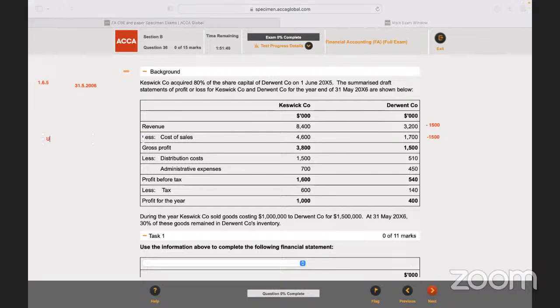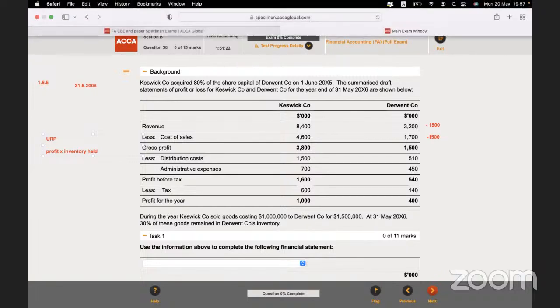Now you should understand, what's the URP formula? Profit into inventory held. Correct or wrong? Now when you take this URP formula, unlike the earlier questions, we don't have this markup margin story. They haven't given markup or anything.